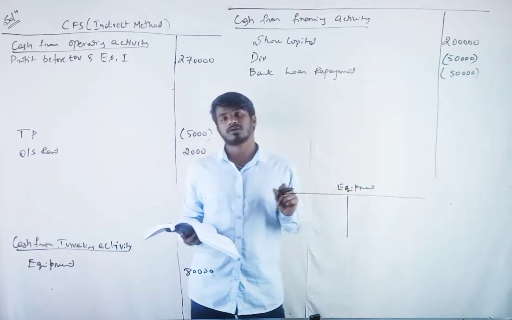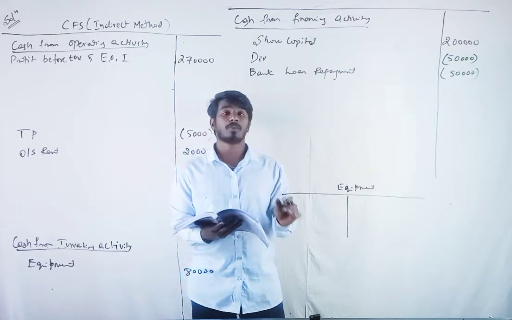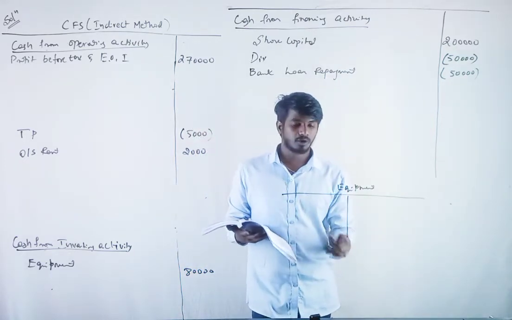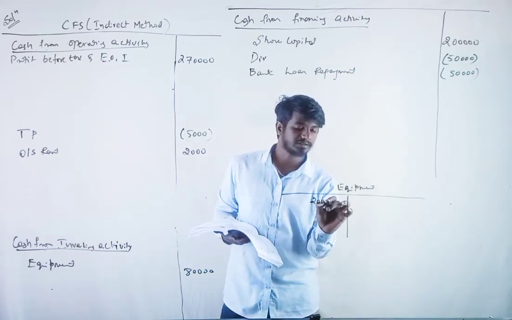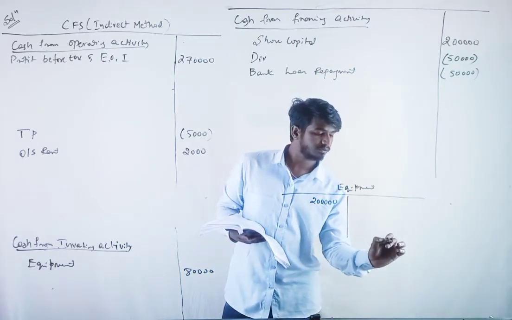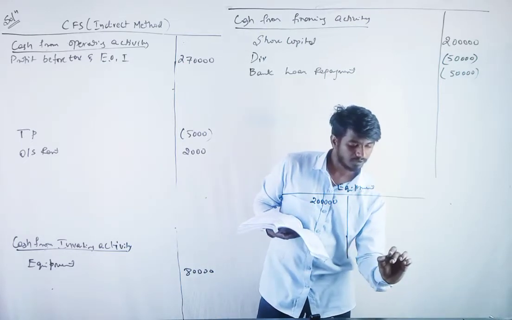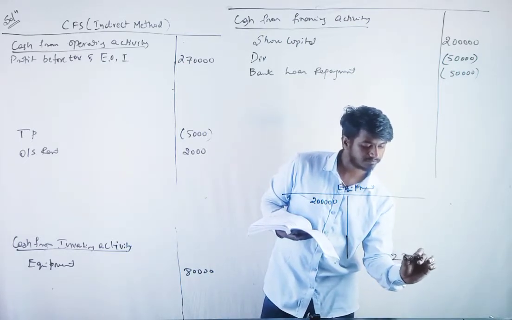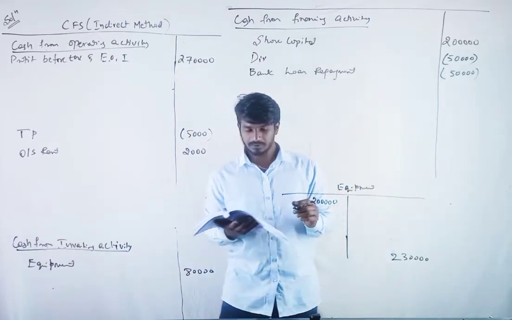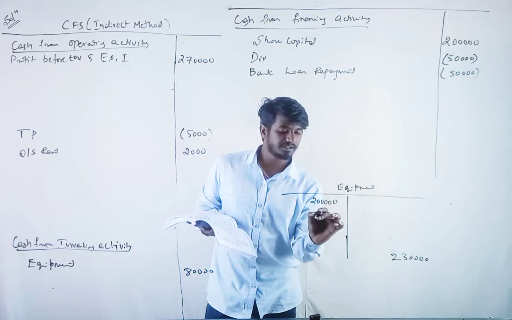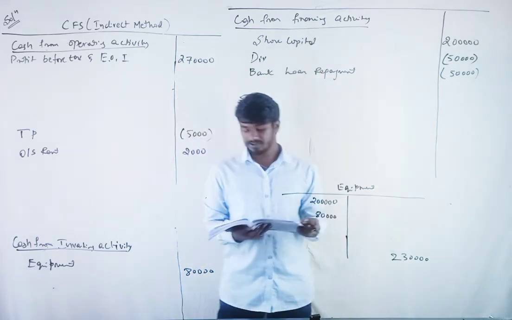Where will the opening balance go? The opening balance will go to the debit side. It is 2 lakh in the opening and 2,30,000 closing. Okay, we have purchased 80,000 worth of equipment, which goes to the equipment investment account.